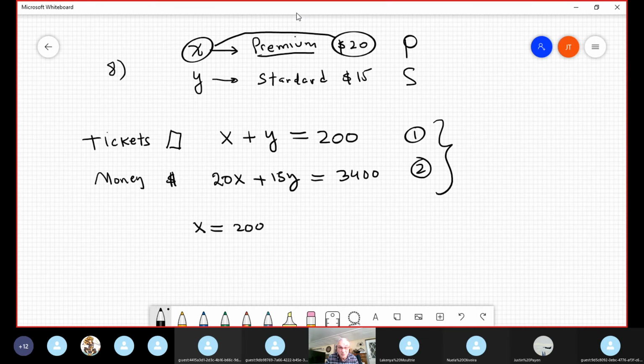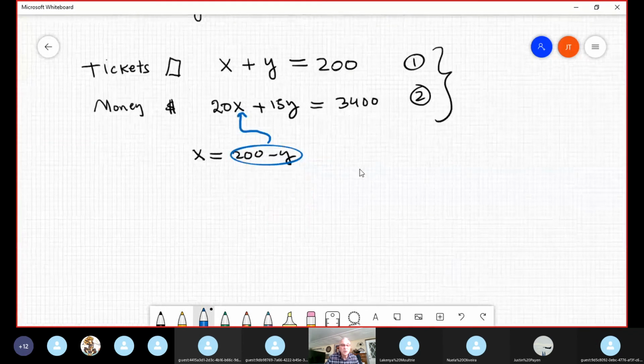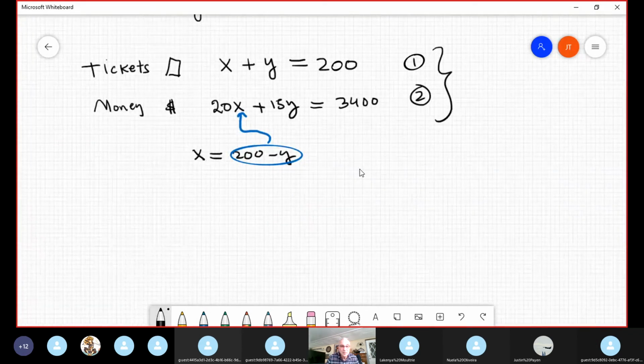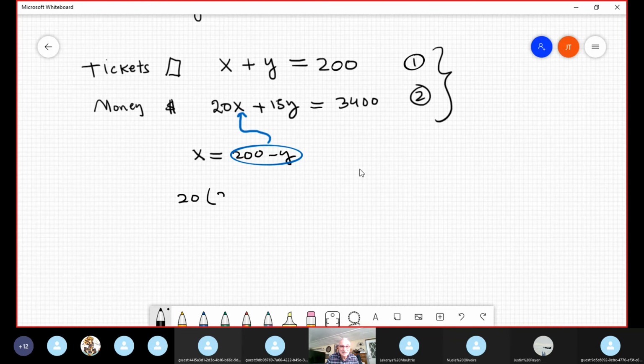It's 200 minus Y. And you substitute this in the other equation. So we have 20 times parentheses 200 minus Y, plus 15Y, is equal to 3400.